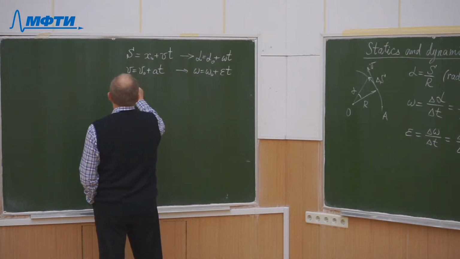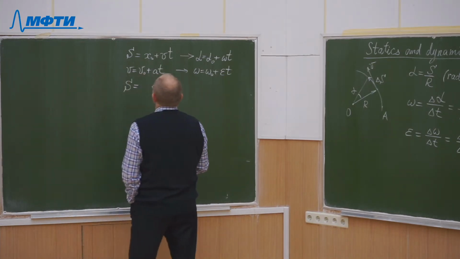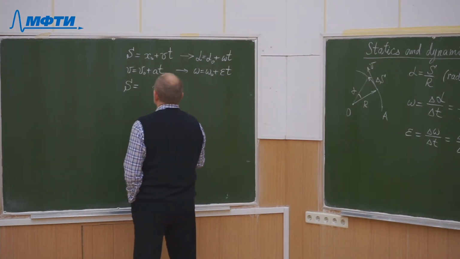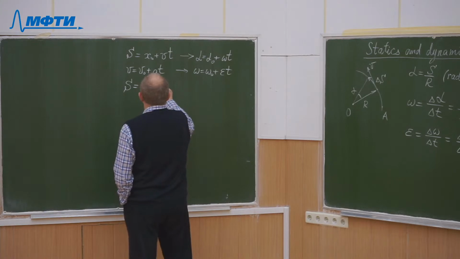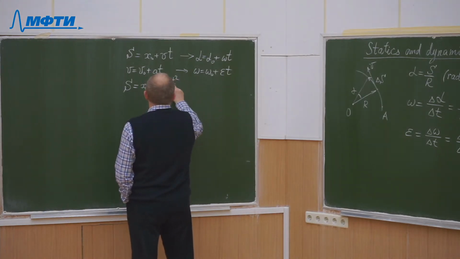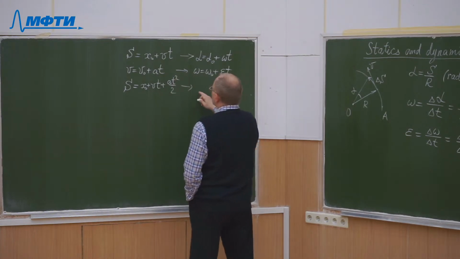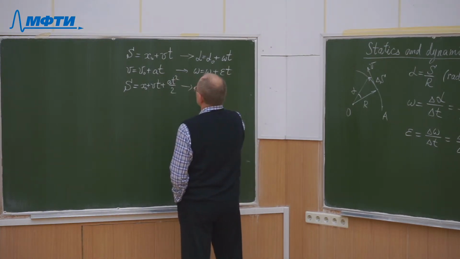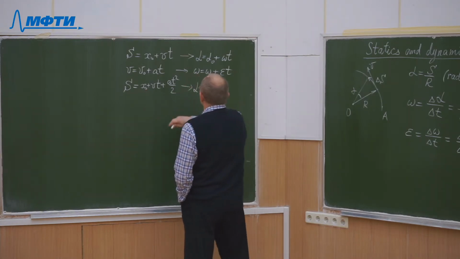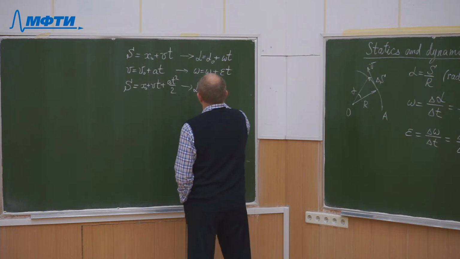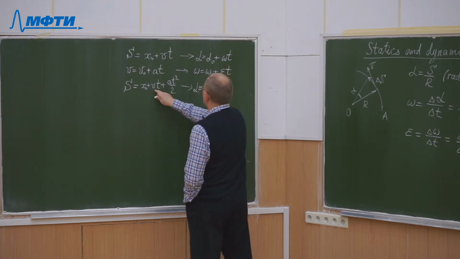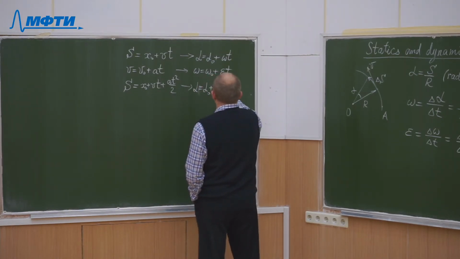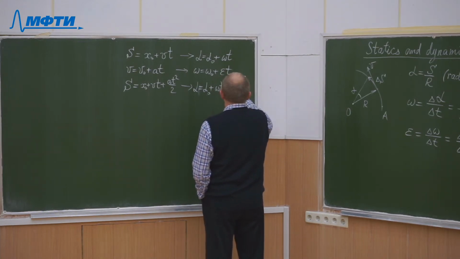For example, the displacement in case of uniform acceleration is the initial coordinate plus vt plus at squared over 2. For circular motion, the angle alpha will be the initial angle plus angular velocity times time plus angular acceleration times t squared over 2.